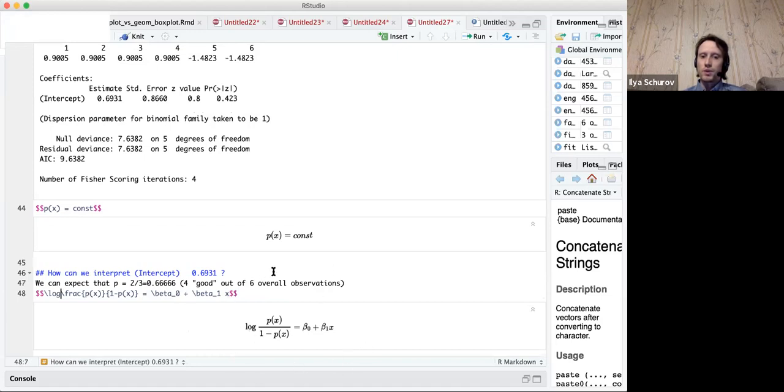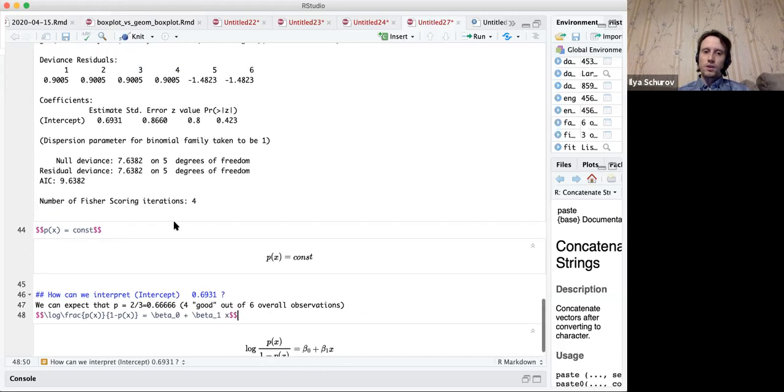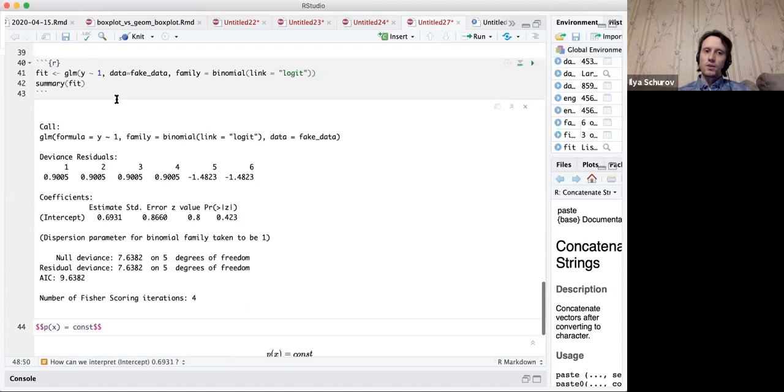What is the difference between this general model and the model that we use now with this specification?